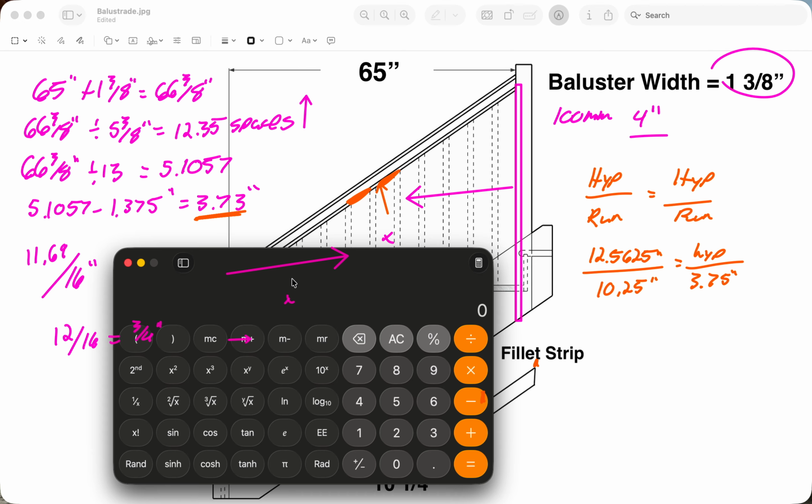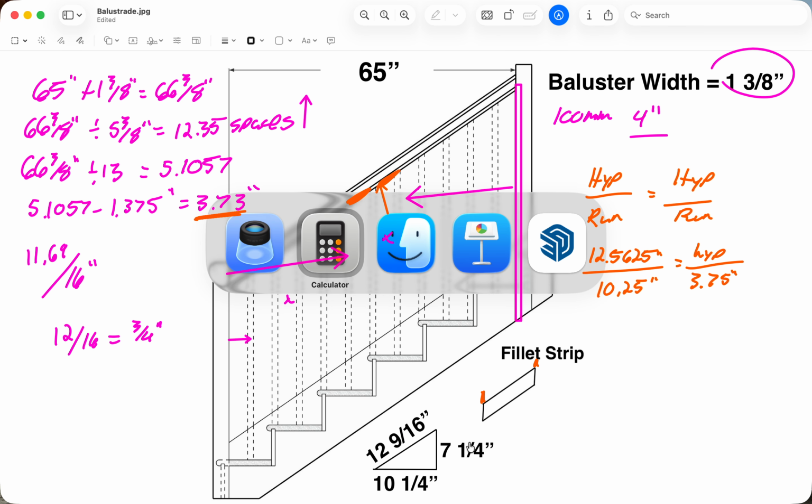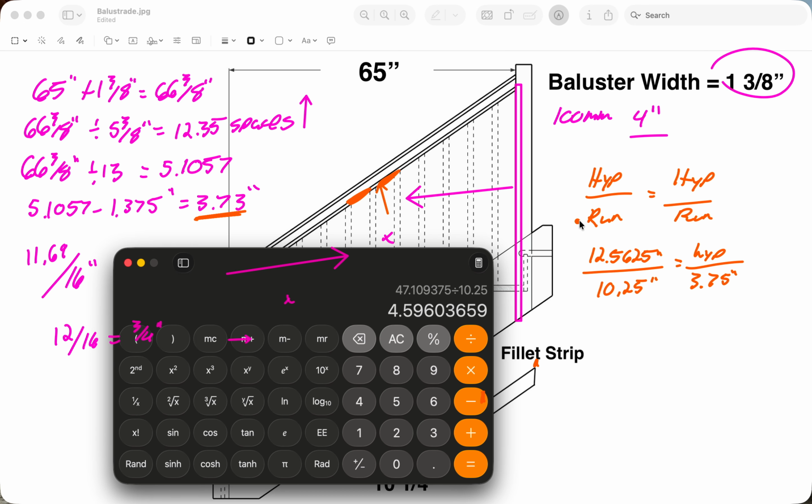We're going to go 3.75 times 12.5625, divided by 10.25, equals. So the hypotenuse is 4.596 inches, which should be 9/16 when we multiply by 16ths. It's closer to 10/16, so we should actually make that 4 5/8 of an inch.